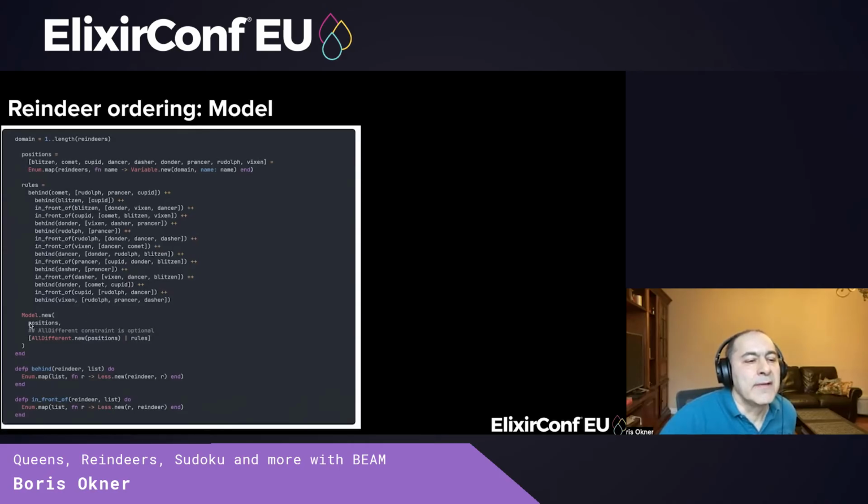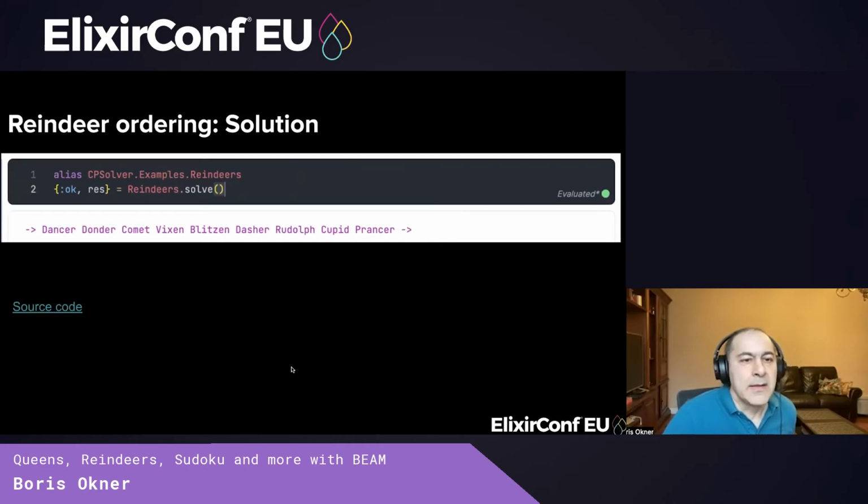And in the model, we have positions as variables, and we have rules, of course, and we also have all different constraints just to make sure that no two reindeers end up in the same position, and no reindeer will appear in two different places. That's what the all different constraint is for. And again, we will feed this model to the solver, and the solver produces the result.